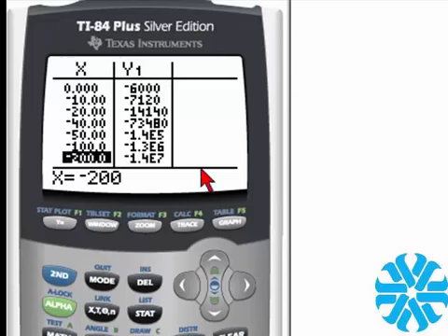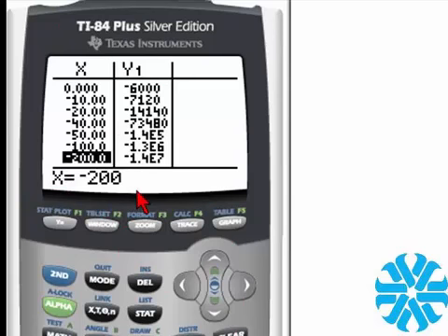Okay, so it's getting smaller and smaller and smaller, because this is times 10 to the 5th, then negative 1.3 times 10 to the 6th, then negative 1.4 times 10 to the 7th. So the further we go out on the x-axis for the negative values, the y values become more and more negative.